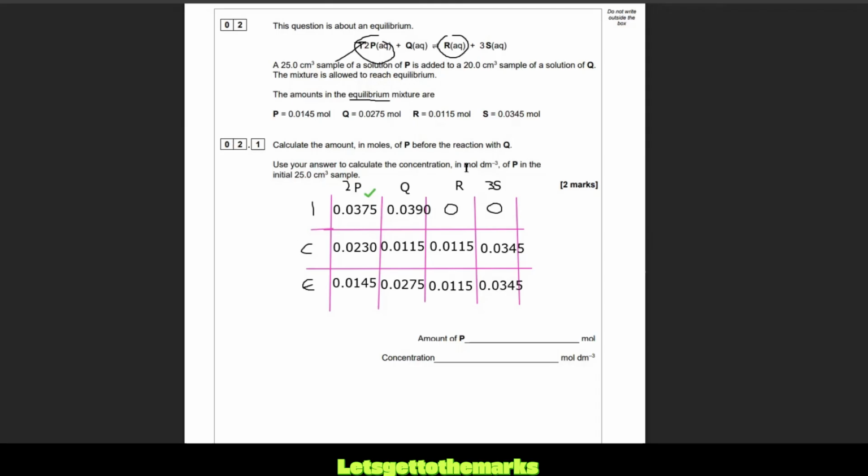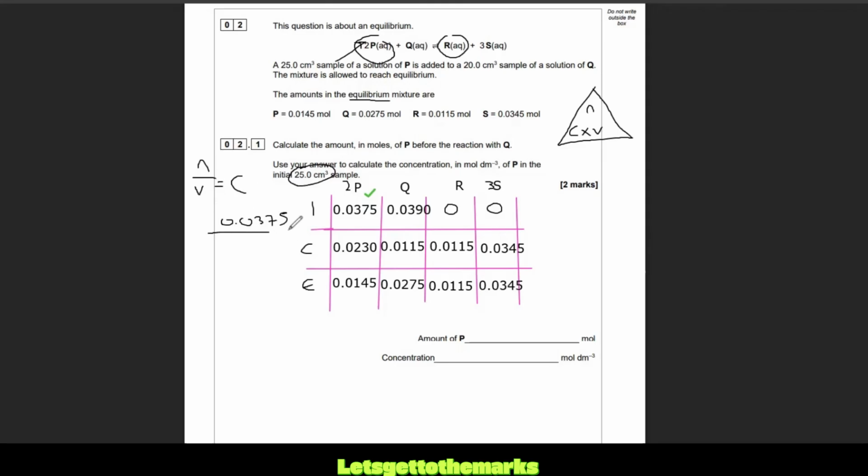Now I need to calculate the concentration of P in the initial 25 cm³ sample. When you're doing concentration, we can just do n over V. I now know the moles, 0.0375, and we're looking at 25 cm³, so I want to do n over volume equals concentration. Here's the problem: the volume's in cm³.